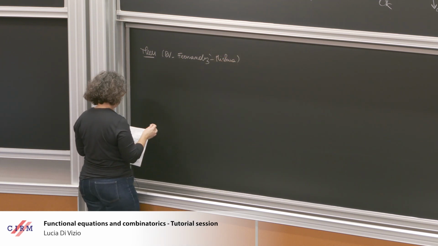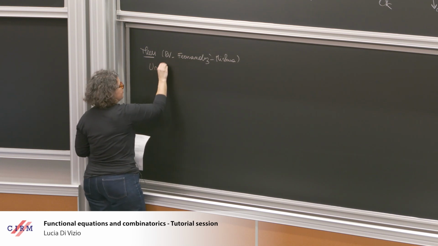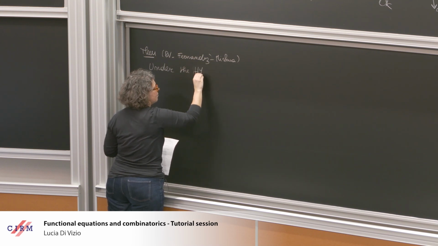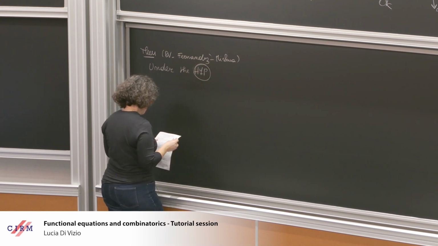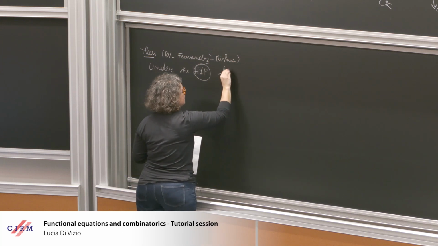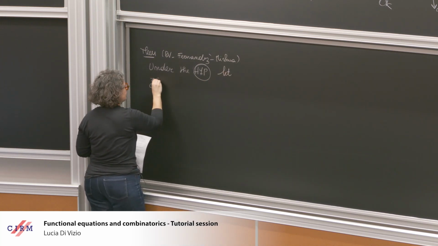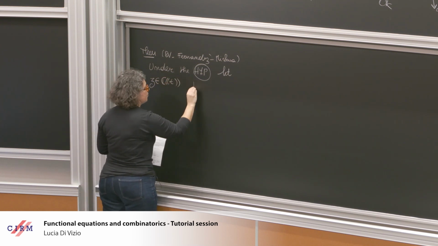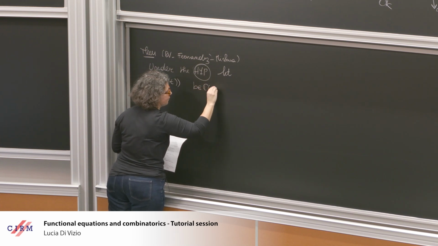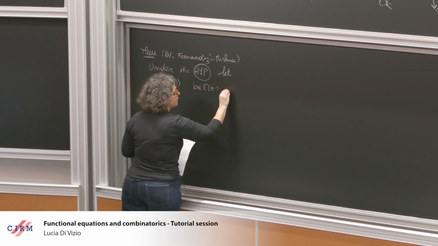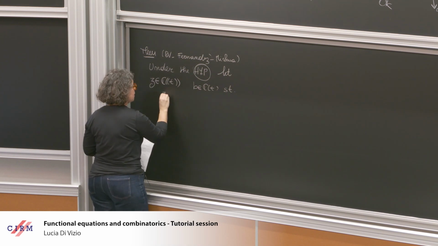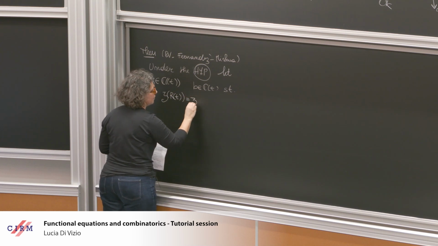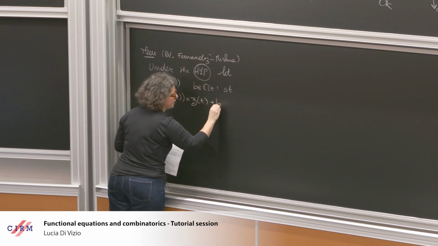Okay, so under the hypothesis which I wrote up there, let Z be a Laurent series, R be a rational function such that Z of R of t equals Z of t plus B of t.